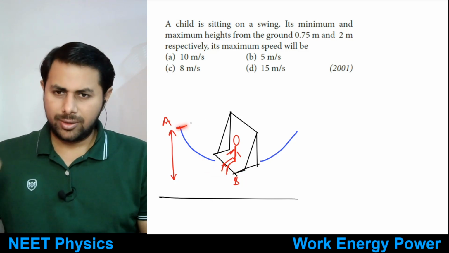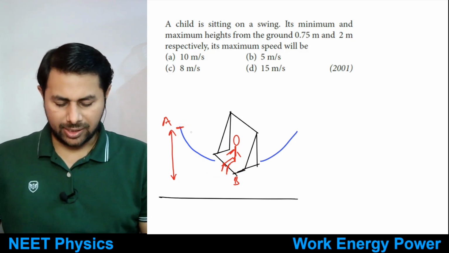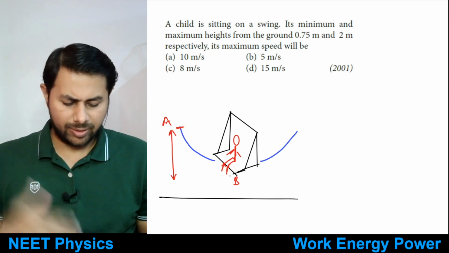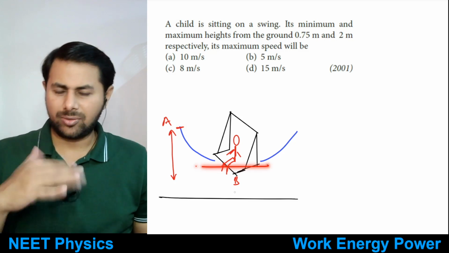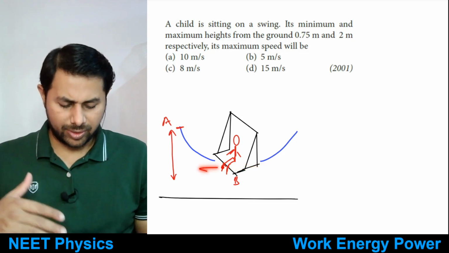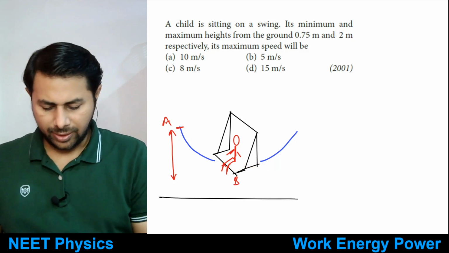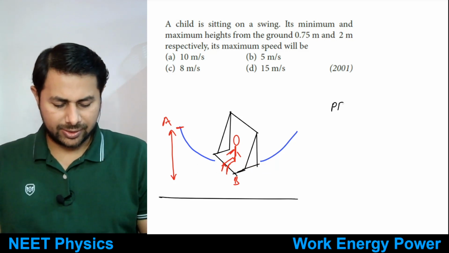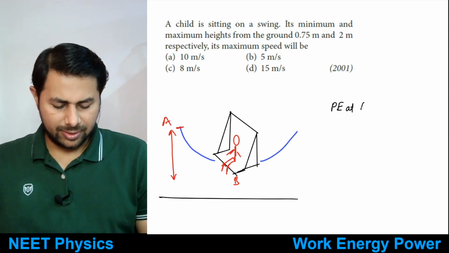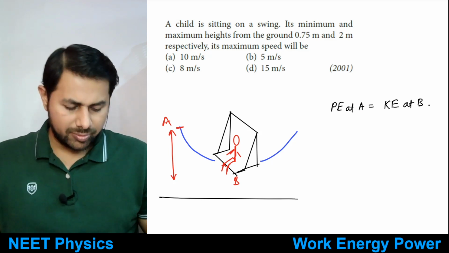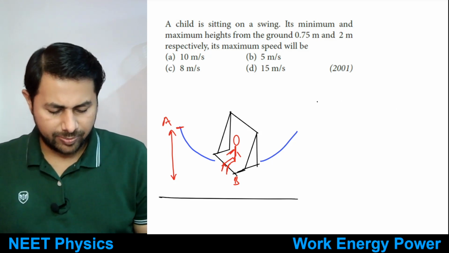So the energy is purely potential at point A, and when it comes to point B, we can say that the height of B is 0. So the energy becomes purely what? Kinetic. So potential energy at A is equal to kinetic energy at B.